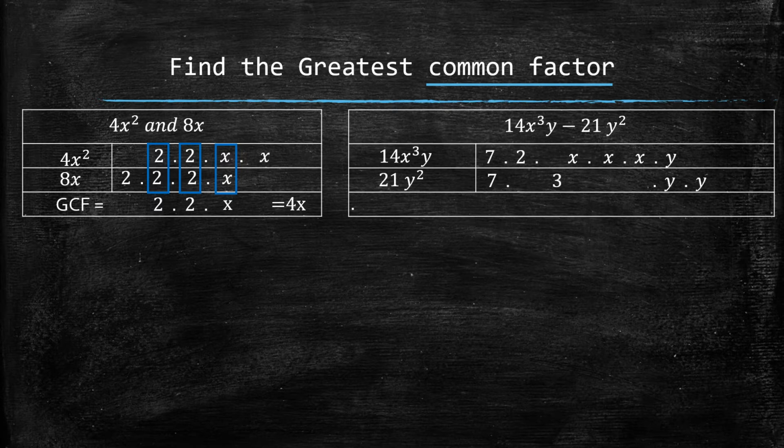Okay? The factor of y squared is y times 1. So you find now the common. So there are two common factors. Okay? So your GCF is 7 and y. So that is equal to 7y. So that is how you get the greatest common factor.